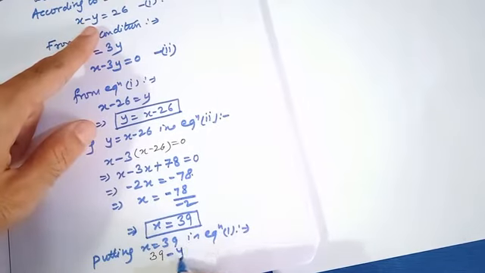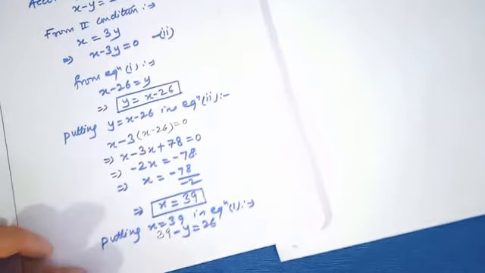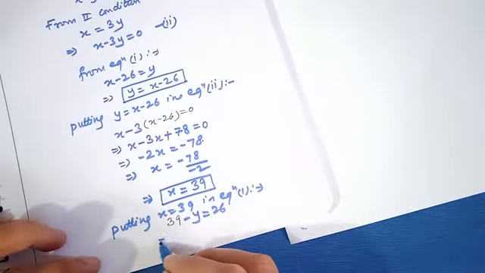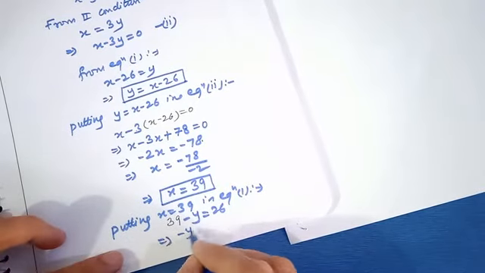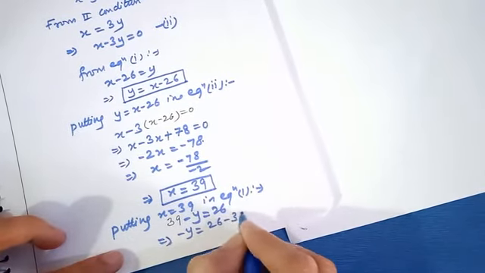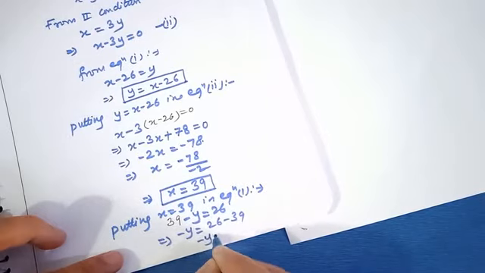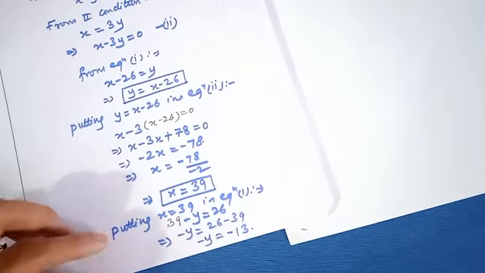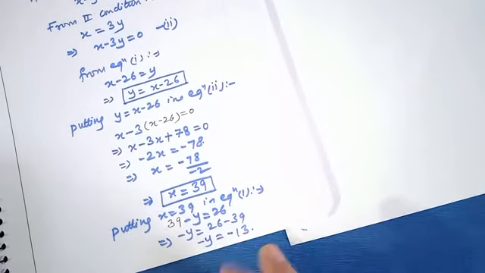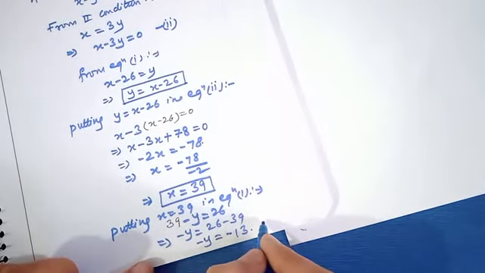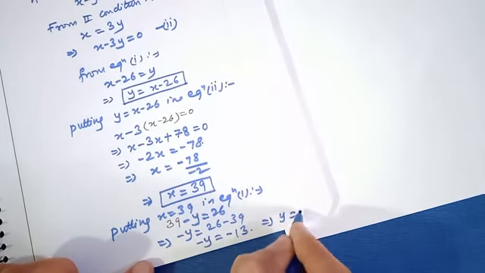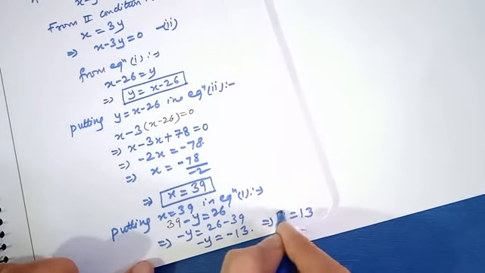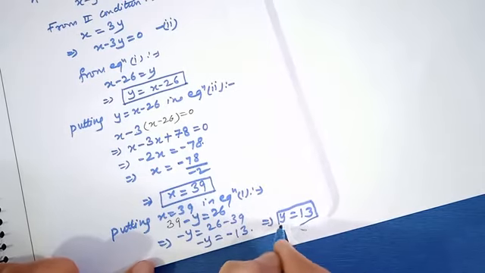So minus y equals 26 minus 39, and 26 minus 39 will be minus 13. So finally this implies we are getting y equals 13. So we are getting y equals 13.